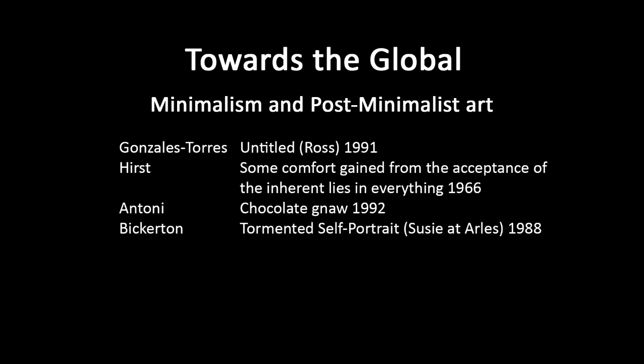So there's something minimalist, but there's also something very unminimalist about it. So I think Gonzales-Torres and Hirst both have that quality about them. This is some comfort gained from the acceptance of the inherent lies in everything. Well, that's a typical Damien Hirst title.